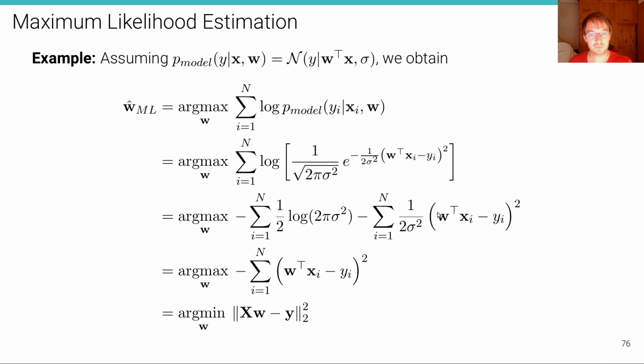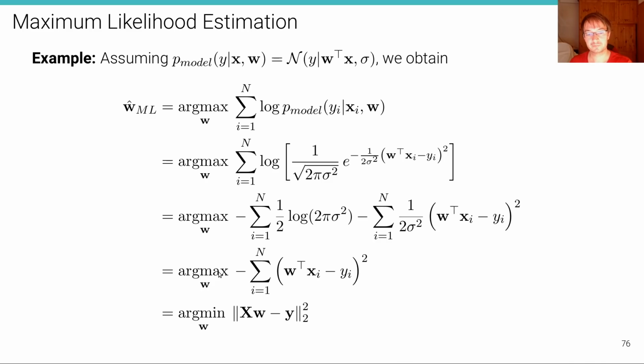Now, the argmax of this expression here is simply the argmax of the right-hand side of this equation, because the left-hand side does not depend on w. It's constant with respect to w. And also we can remove this constant factor here. So we obtain this expression.